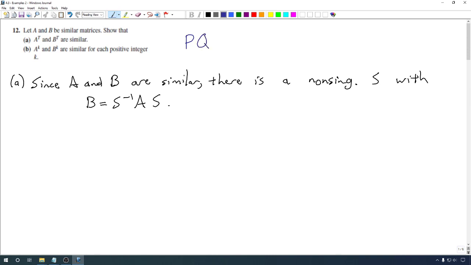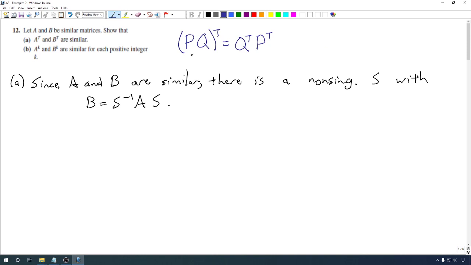So, if we take a product of two matrices and we take the transpose of that product, what do we get? Well, we get the product of the transposes, but in the opposite order. That's always going to be true for any two matrices P and Q that we can multiply together. Their transposes can be multiplied in the opposite order, and we get the same result as the transpose of the original product.